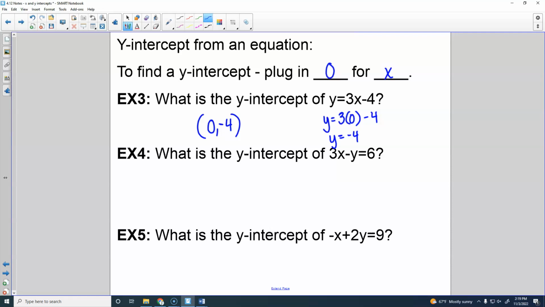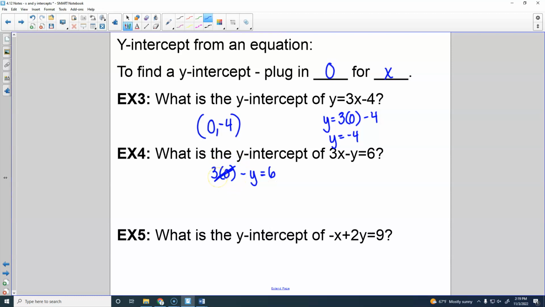For example 4, you could solve that equation for y, and that would work. Or, I think it is a little bit quicker, if I know that I'm looking for the y-intercept, I can plug in 0 for my x. That will look like this: 3 times 0 minus y equals 6. What is 3 times 0? 0.